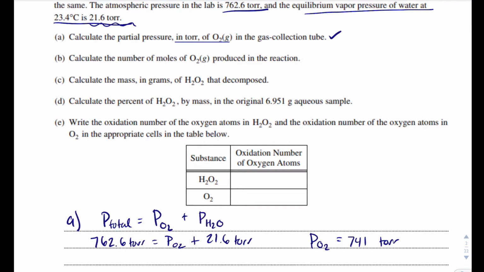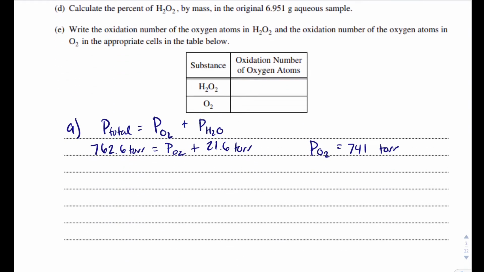In B, it says calculate the moles of oxygen produced in the reaction. Well, when you're dealing with gases and you need to get moles, a good way to do that is PV equals nRT. Depending on what you use for your gas constant R, you might have to convert your pressure, because what I know is that we had 182.4 milliliters, so that's 0.1824 liters.